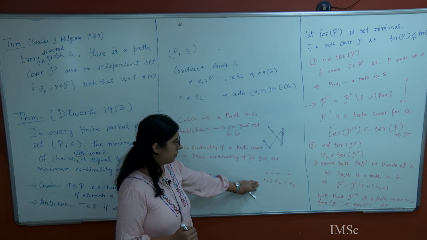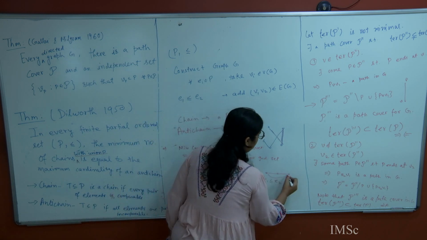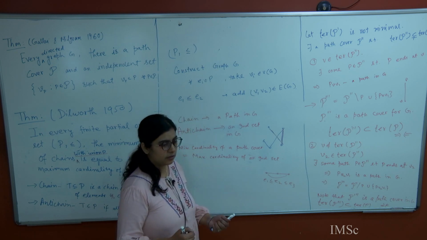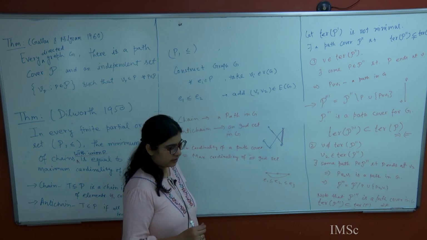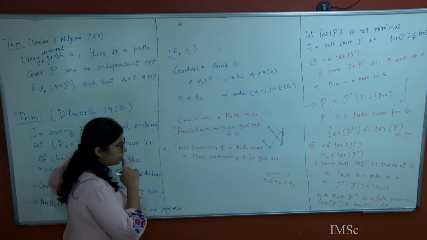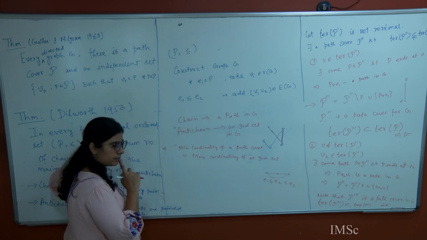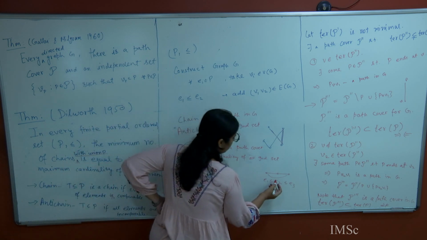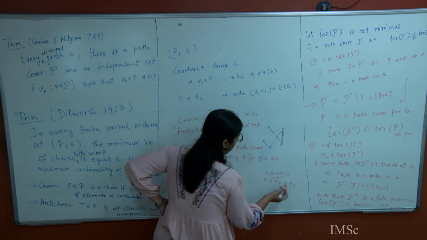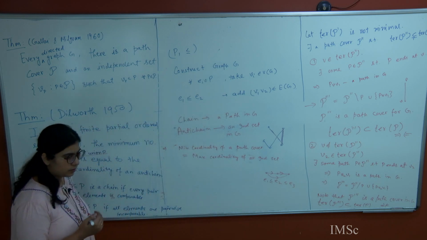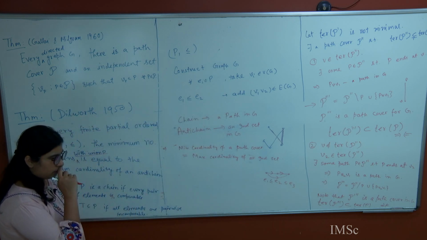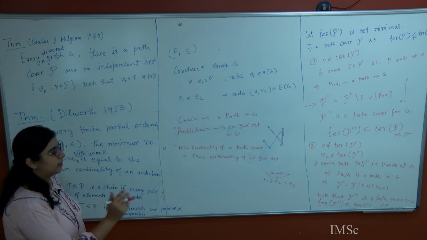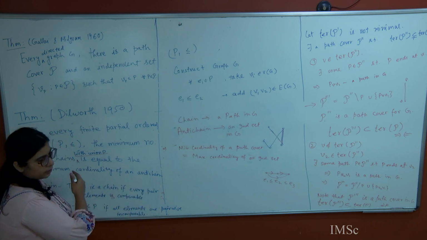But there is no edge between E1 and E3. There will be an edge by construction, but I am taking a path cover. No, that's okay, but is there an edge between E1 and E3 also? Yes, there should be, because these two are also comparable. Okay, so there will be an edge. But the goal is still to cover the entire vertex set by paths. There we were looking for chains.